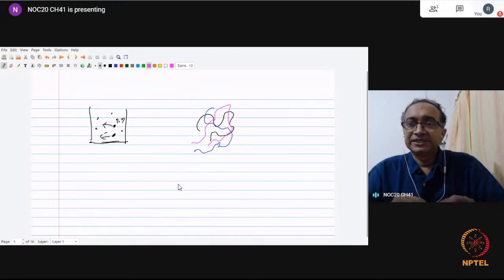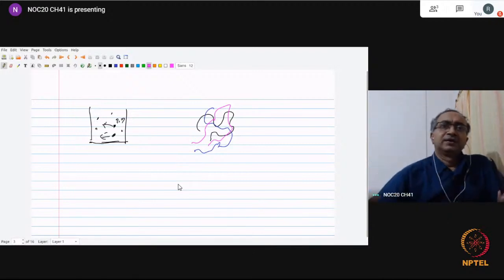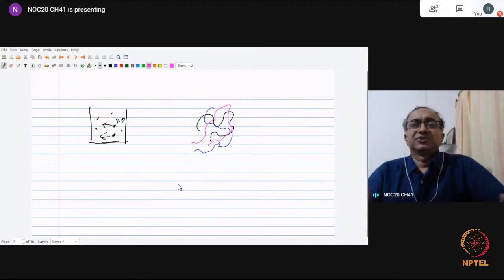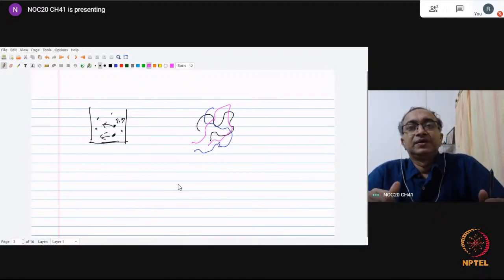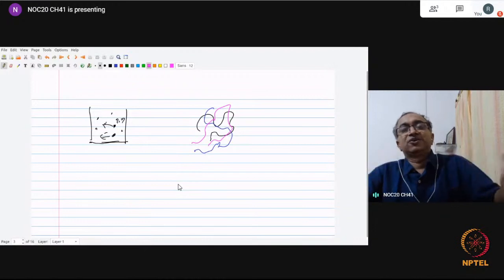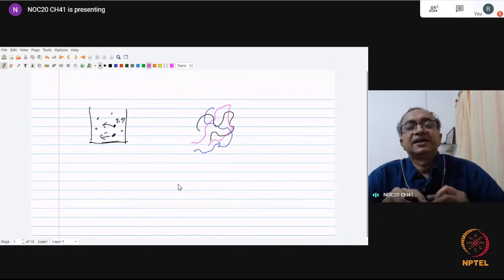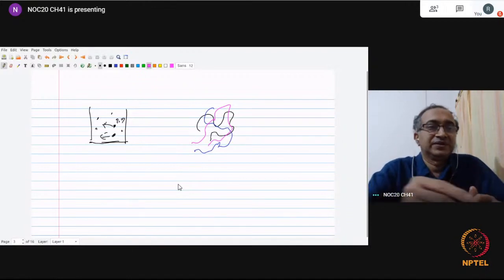And Hemant is asking about degree of polymerization. Degree of polymerization is a measure of how long the polymer chain is, right? As the name suggests, if the degree of polymerization is high, more monomers have been added onto the polymer chain. So degree of polymerization is directly related to the molar mass of the polymer.